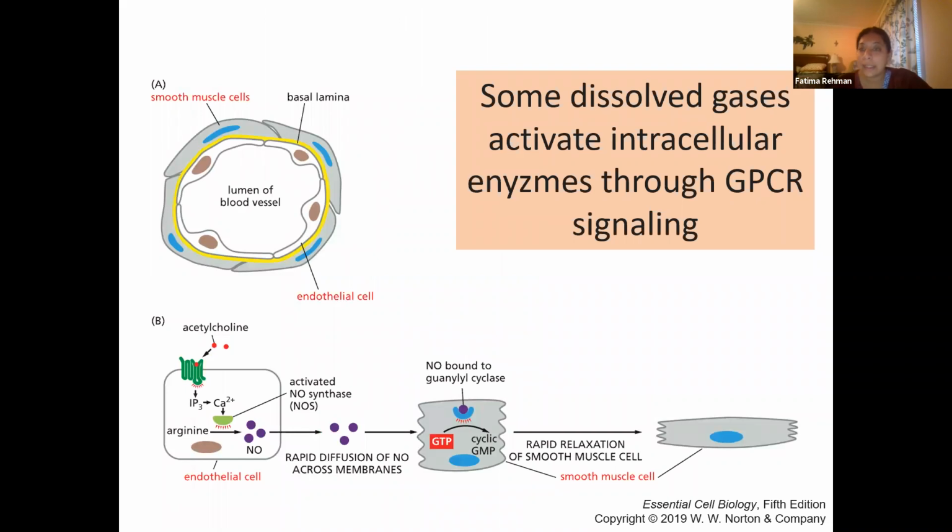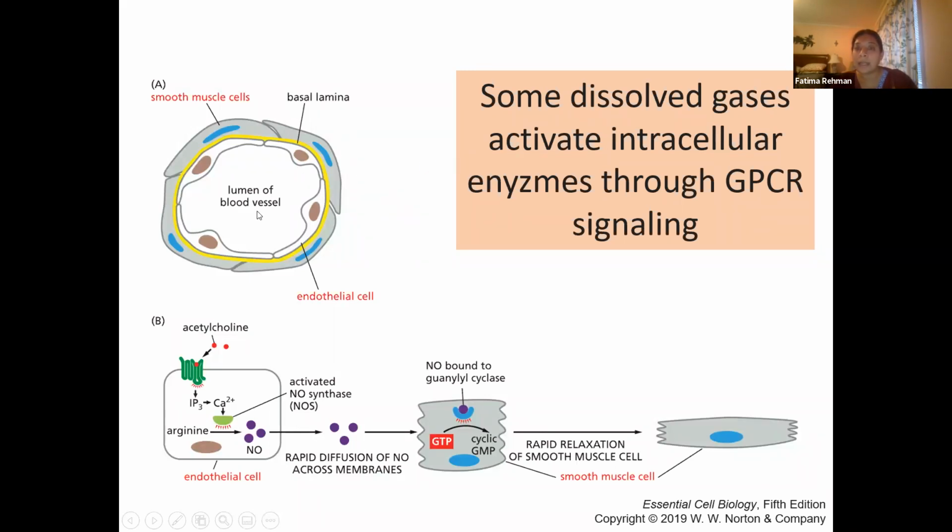Another final thing that can also interact with G protein coupled receptors is some dissolved gases. Again, these can include nitric oxide or even carbon dioxide in our system, which can easily go through the plasma membrane itself.